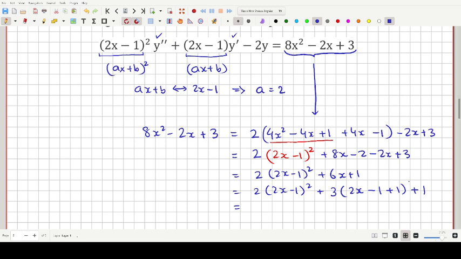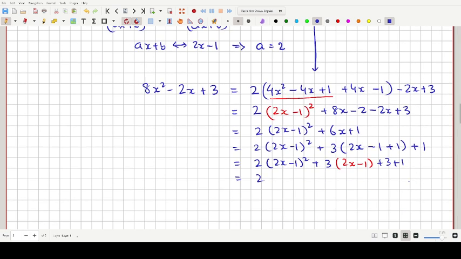So we can write this as 2 times (2x minus 1) whole square plus 3 times (2x minus 1), and then plus 3 plus 1, and that will give us 2 times (2x minus 1) whole square plus 3 times (2x minus 1) plus 4.